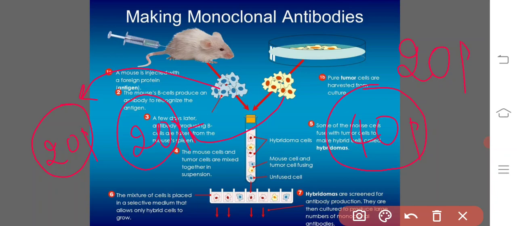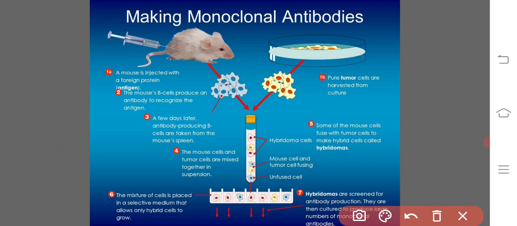Now hybridoma cells are selected and cultured for commercial production of the monoclonal antibodies. Clones are tested for the production of the desired antibodies. Whether the clones have the capacity to produce the desired antibody or not, we will check them.